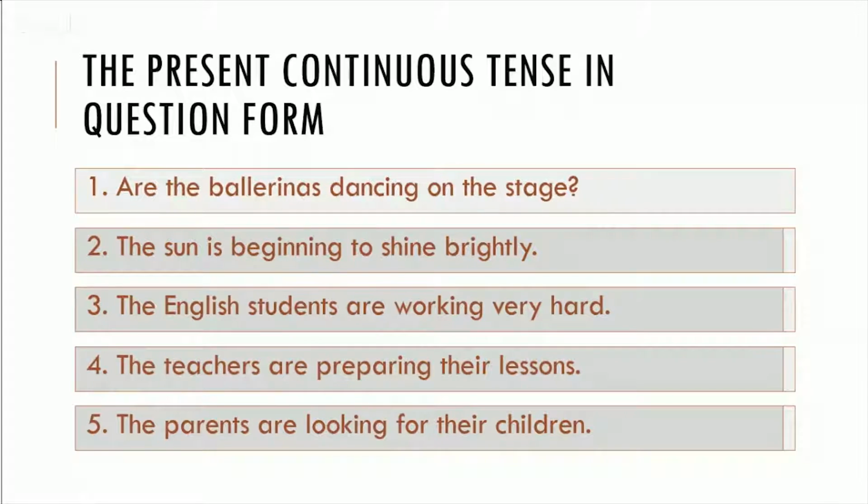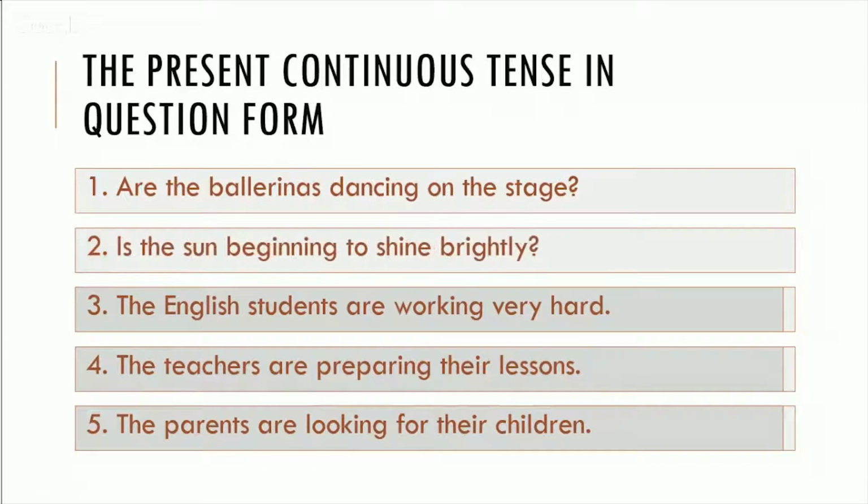You take the verb to be, you put it in the beginning, you add a question mark at the end, you have a question. The answer is coming up on your screen momentarily, meaning shortly. And the answer for number two is, is the sun beginning to shine brightly?